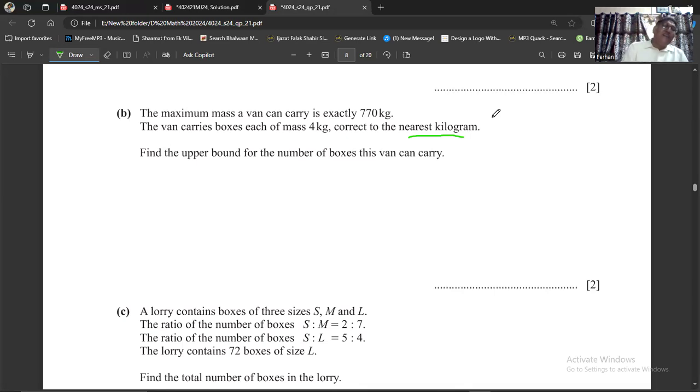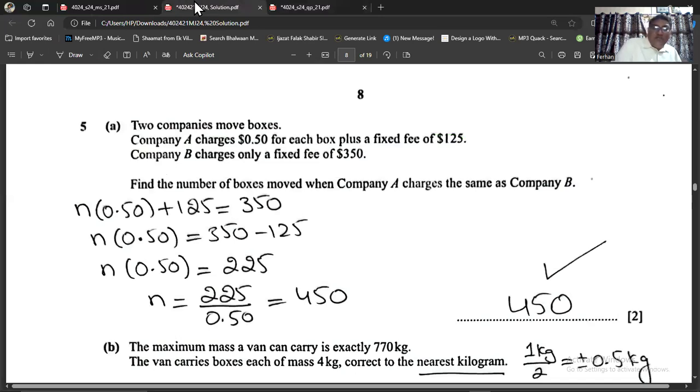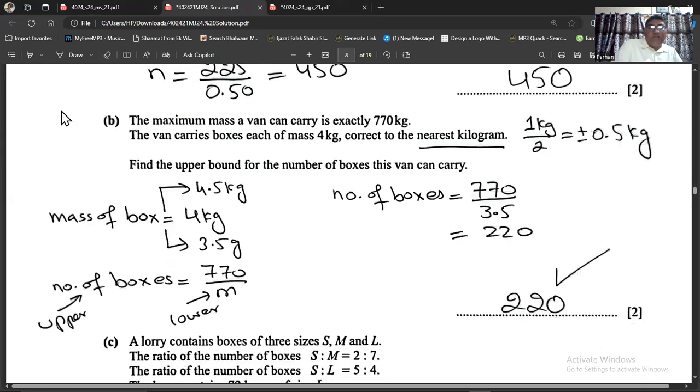That will be added, and that will be subtracted from the mass of one box, and this way you will be able to calculate the upper boundary of the mass of one box and the lower boundary of the mass of one box. So the question is, find the upper bound for the number of boxes this van can carry.